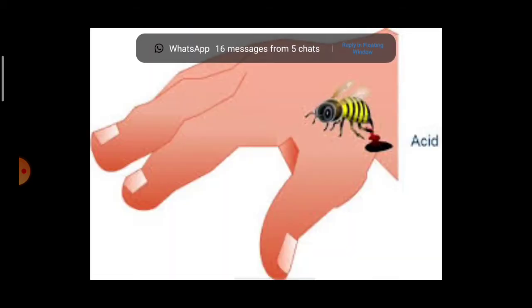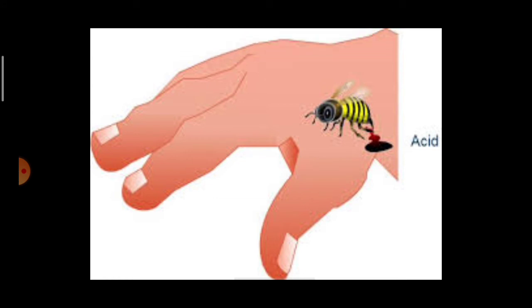Clear? As you all know, ant stings contain acid. Which acid is present in an ant sting? Yes, formic acid. The sting of an ant contains formic acid, which causes pain or inflammation in some cases.